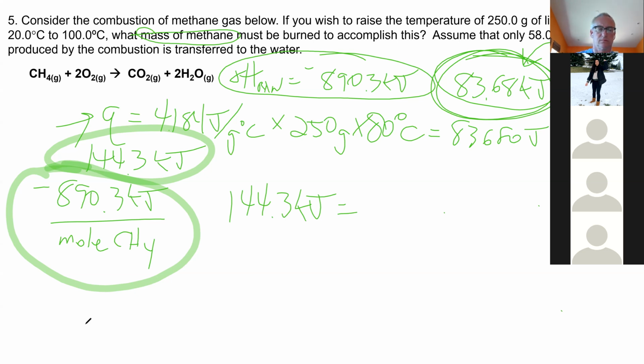We see now delta H from 20 degrees to 100 degrees. Do we do something about that one or no? That's how we figured out Q. We needed to figure out Q first, because when we heat up water, it takes heat, and heat is Q. Okay. So I need 144.3 kilojoules of heat. How many moles of methane do I need to get me there?